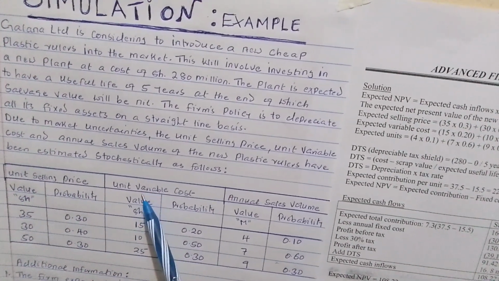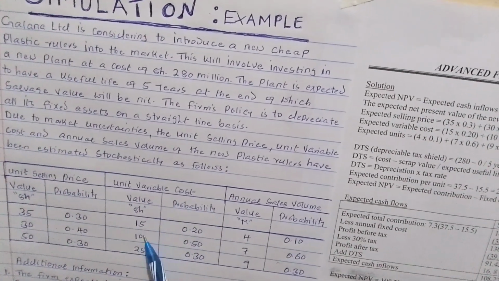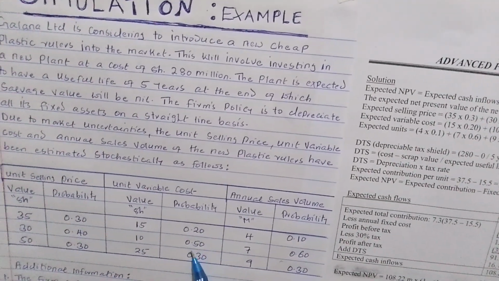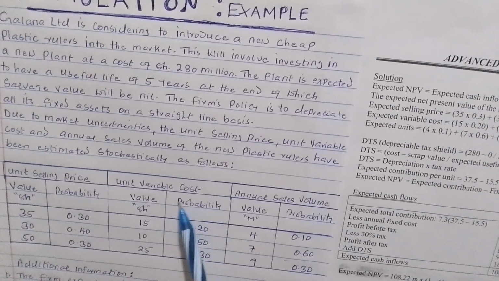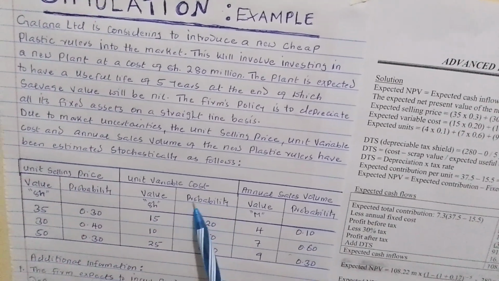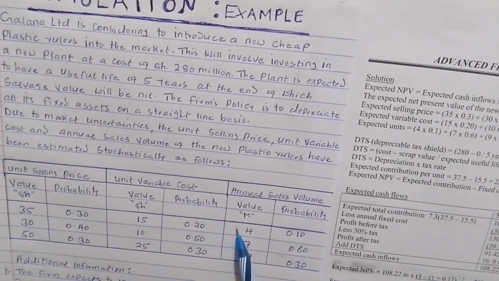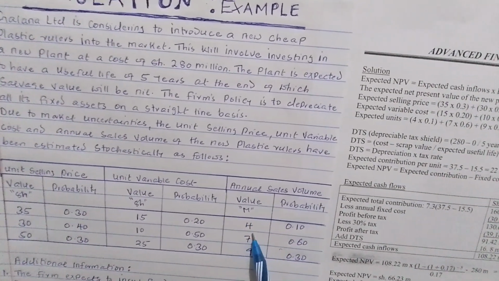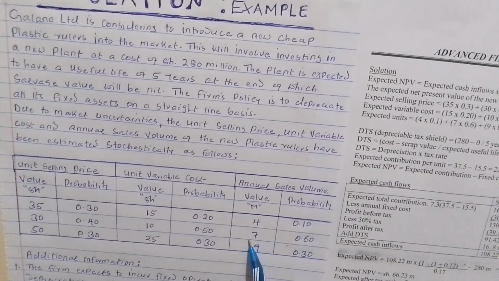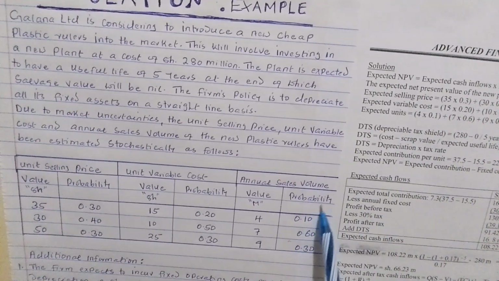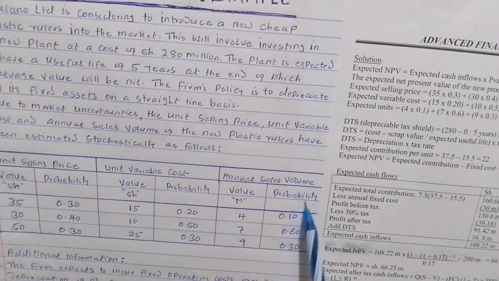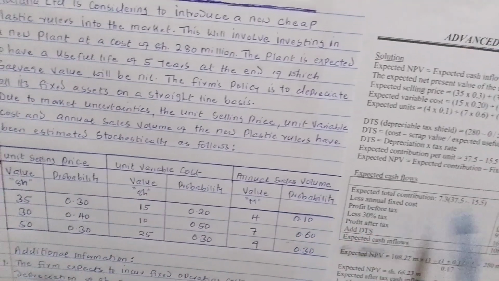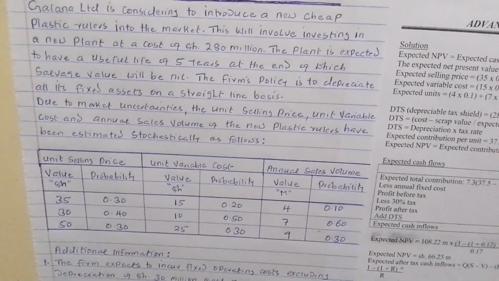They have been given also the unit variable cost, the values 15, 10, 25, probabilities 0.2, 0.5, 0.3. Again, we will accumulate these probabilities and then we establish their ranges. Then annual sales volume values 4 million units, 7 million units, and 9 million units, and their respective probabilities. Again, we will accumulate these probabilities, and then we establish their respective ranges.